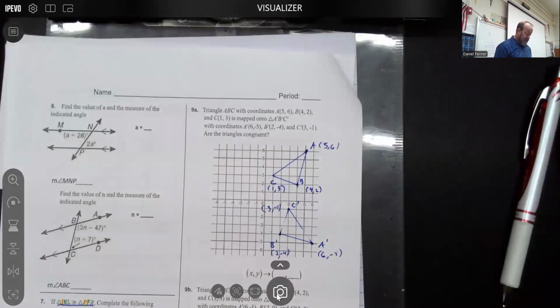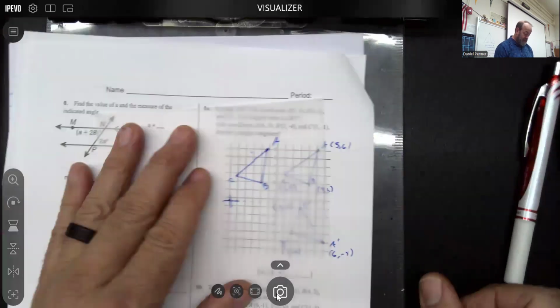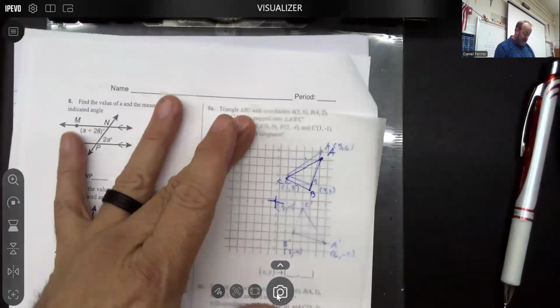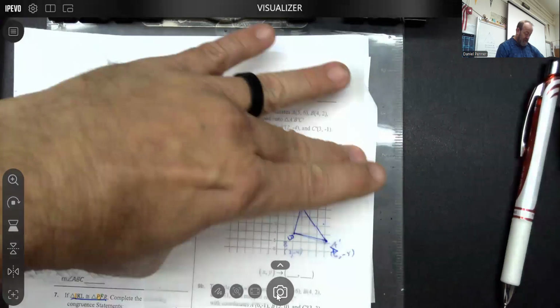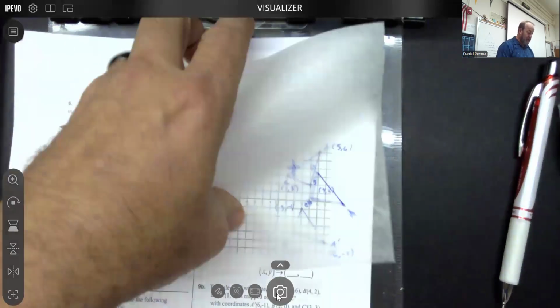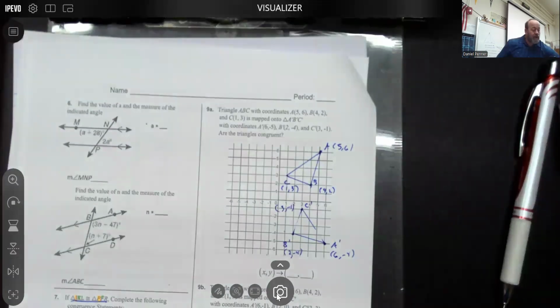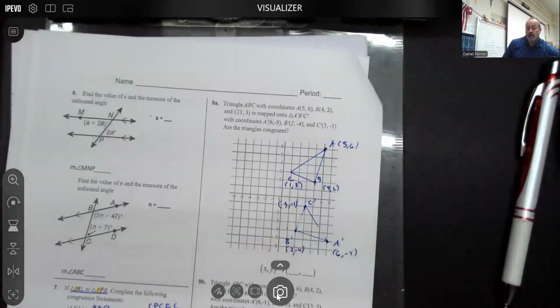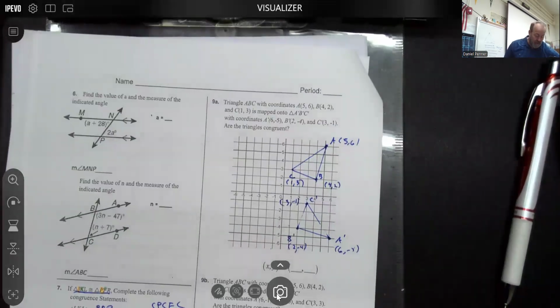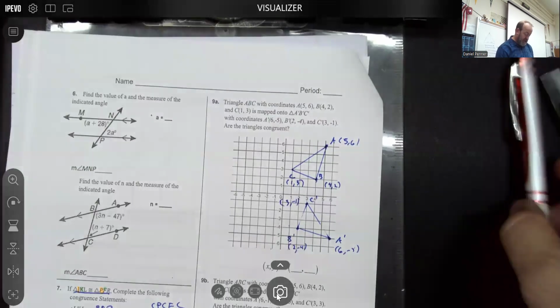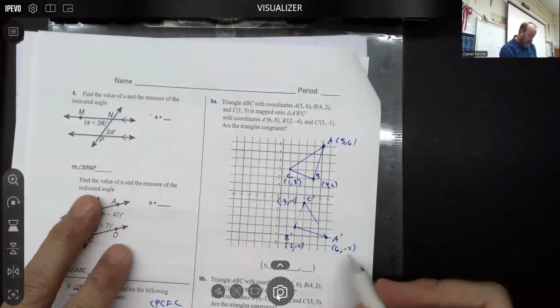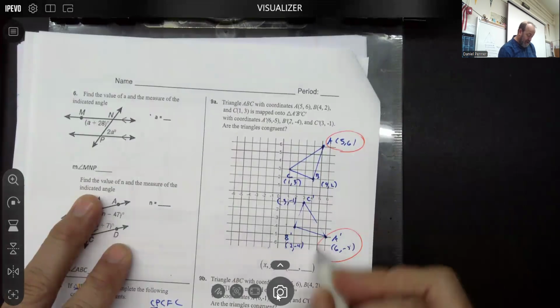So problem number 9. The first thing I noticed is that we definitely had a rotation 90 degrees counterclockwise. Now, when you take the test, you will have this sheet, but hopefully you recognize that my old A and my new A kind of switch places.